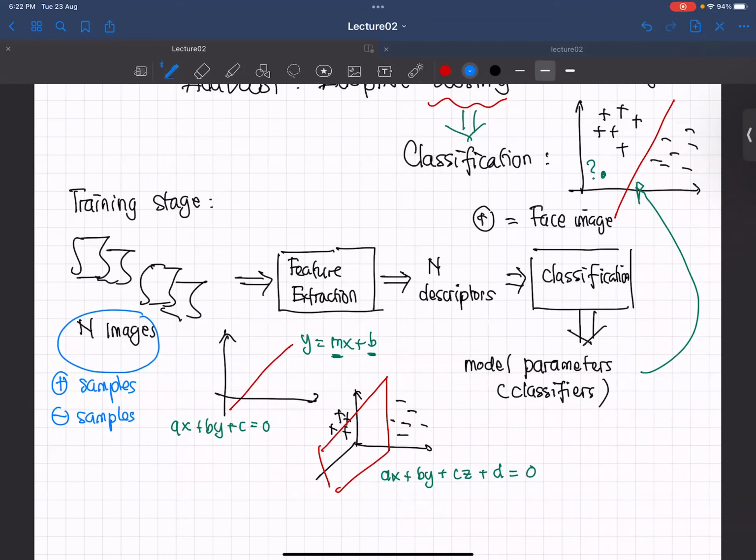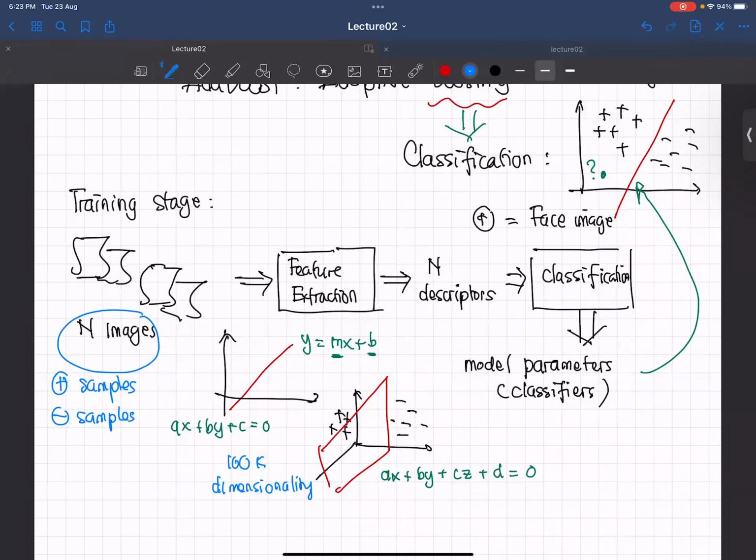Exactly, 160K dimensionality. So the dimensionality that we are talking about here is not just 2 or 3. I cannot draw 100K dimensionality, let alone 160K.